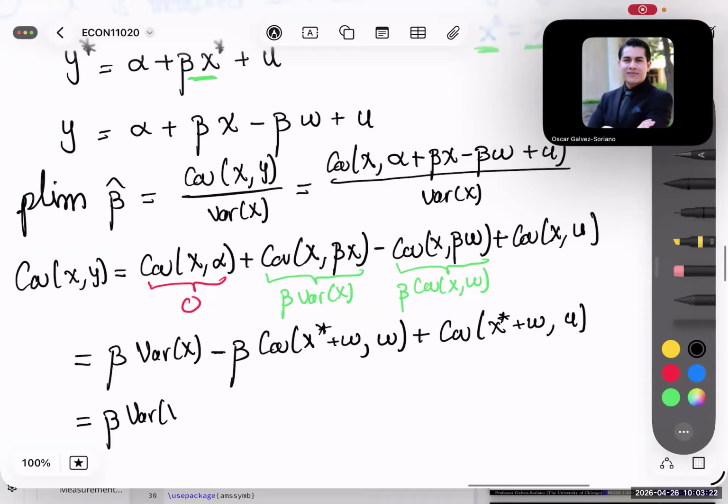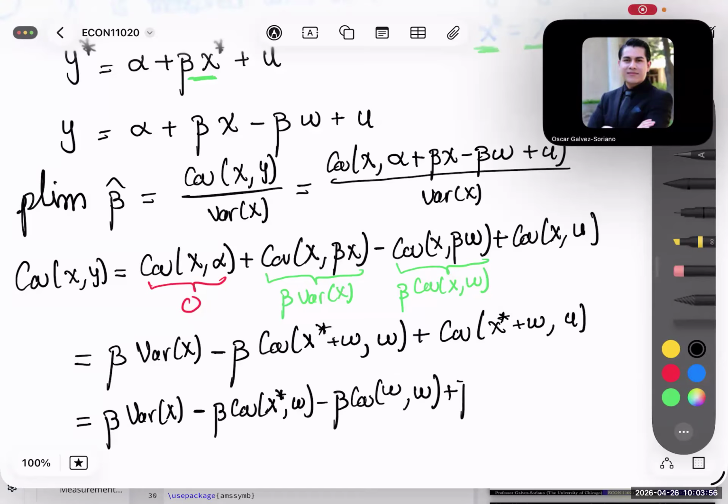The first element is still the same, but now here things become a little bit more interesting, because now we have beta covariance of x star and w, minus beta covariance of w and w.